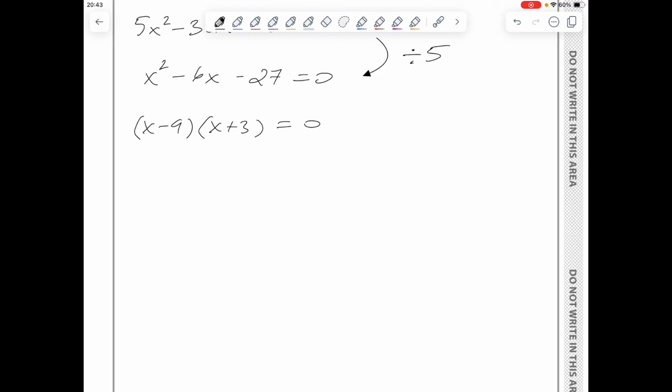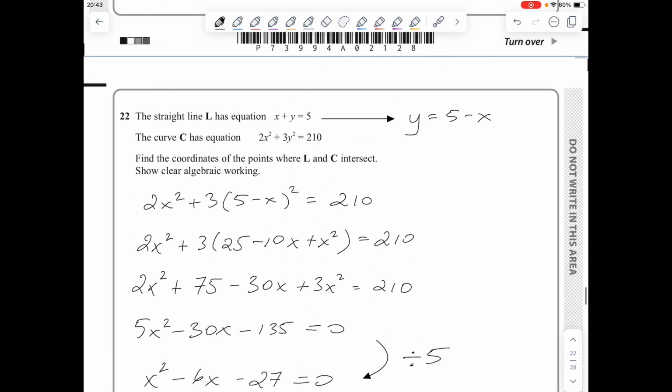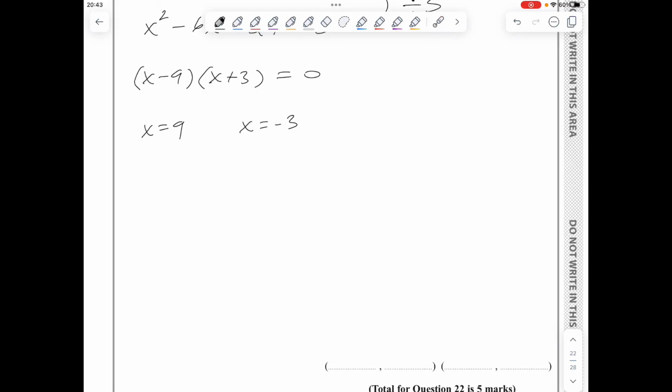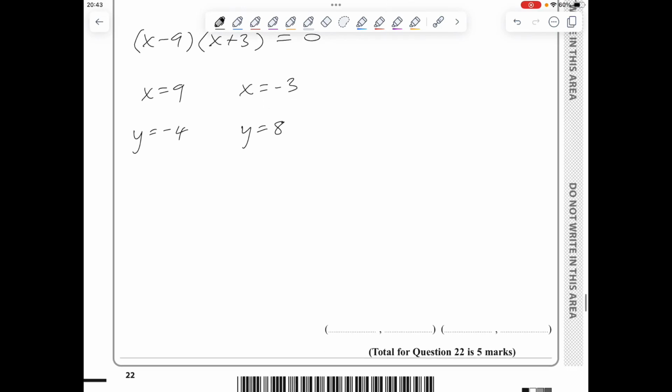So the two x values are 9 or minus 3. And I'm going to replace those two x values into this rearranged equation. So I'll get y is equal to minus 4 or y is equal to 8. So the two points of intersection are 9, minus 4 and minus 3, 8.